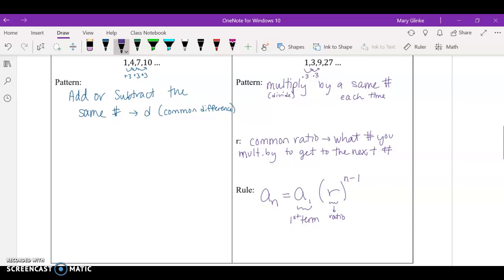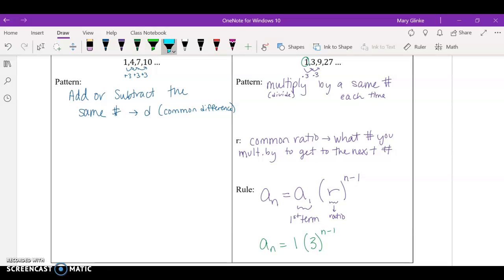So for our example up above, we're going to write a sub n equals our first term is 1. Our common ratio here is what we multiply by to get to the next term. So that's going to be 3 to the n minus 1.